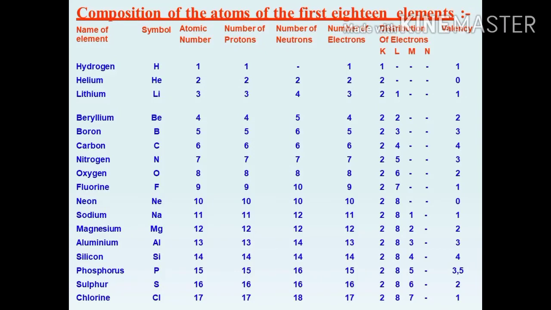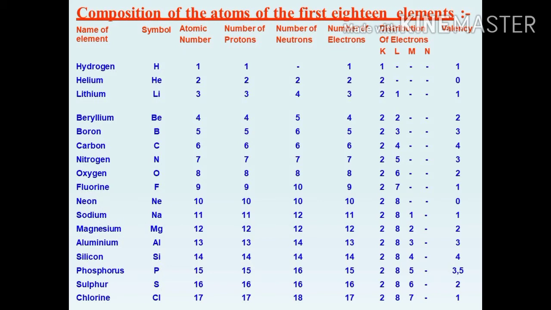Composition of the atoms of the first 18 elements. See here in the table you can see the name of the element. 18 elements are there, their symbol, atomic number, how many protons, how many neutrons, number of electrons, the distribution of electrons in the orbits, everything we can see. What is valency?